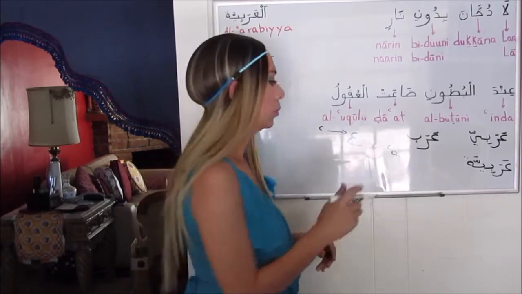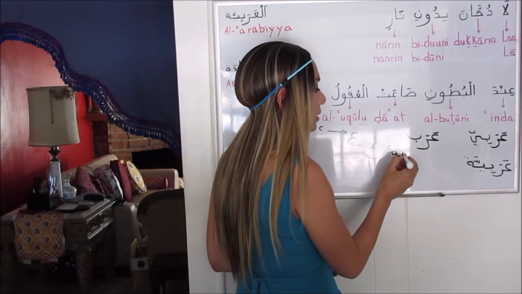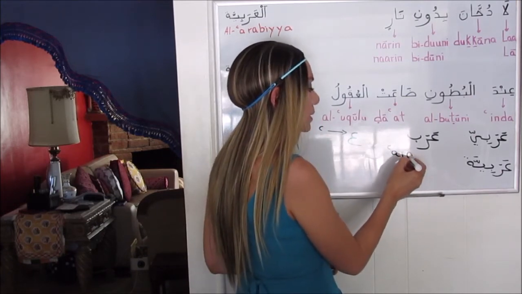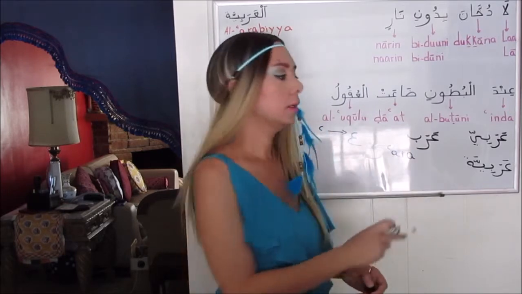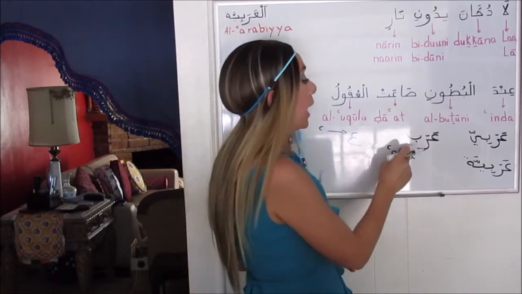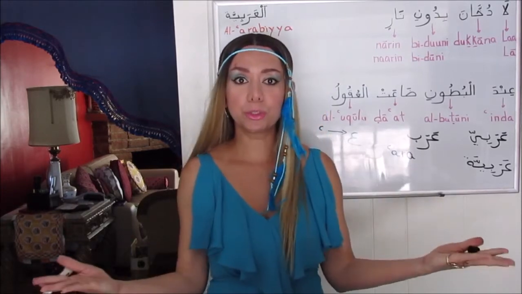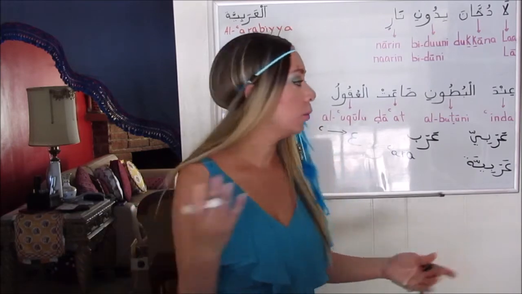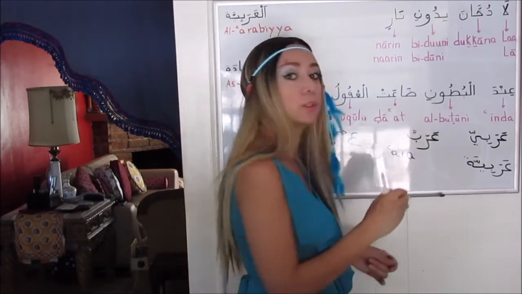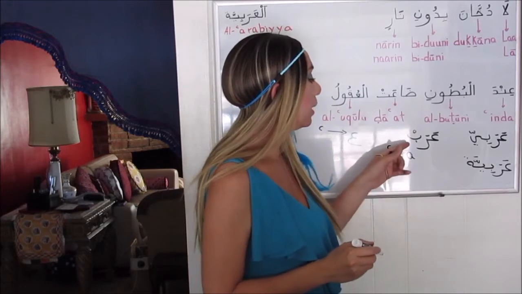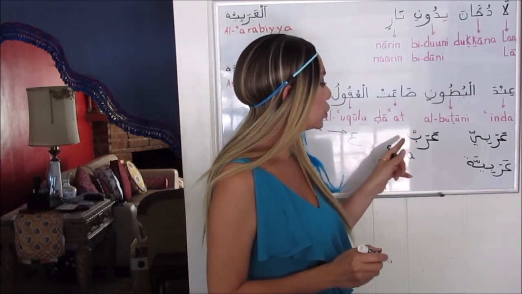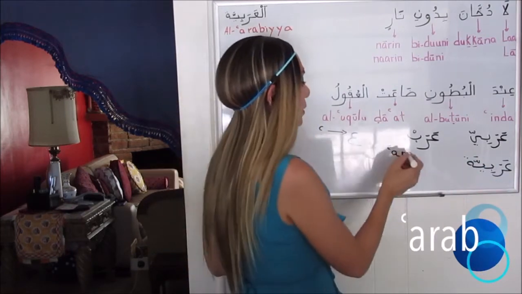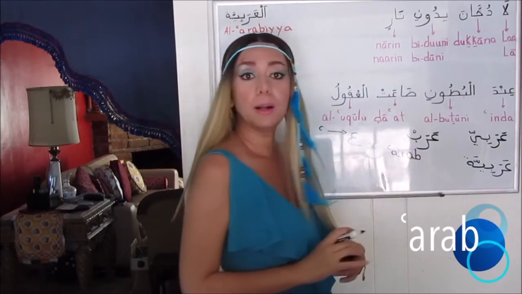For ra, we would use the letter R followed by the fatha, which is an A. Arab. And for the B, where is our short vowel? We have a missing short vowel, so we will mark the B with the sukun, the zero sign. So when we have the zero sign, you would just transliterate the consonant, which is B. Arab.